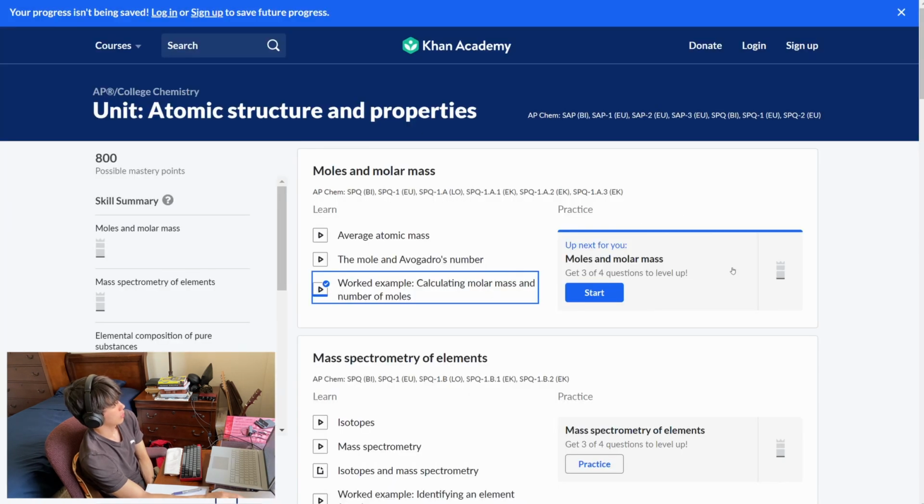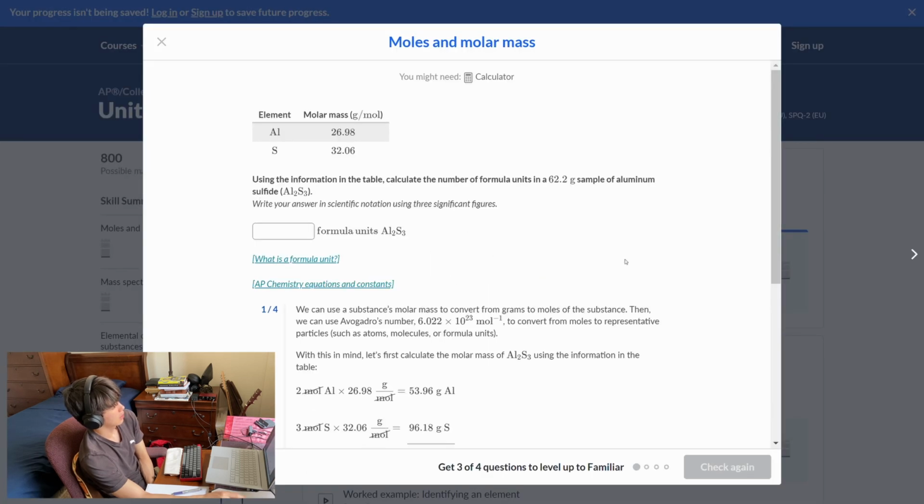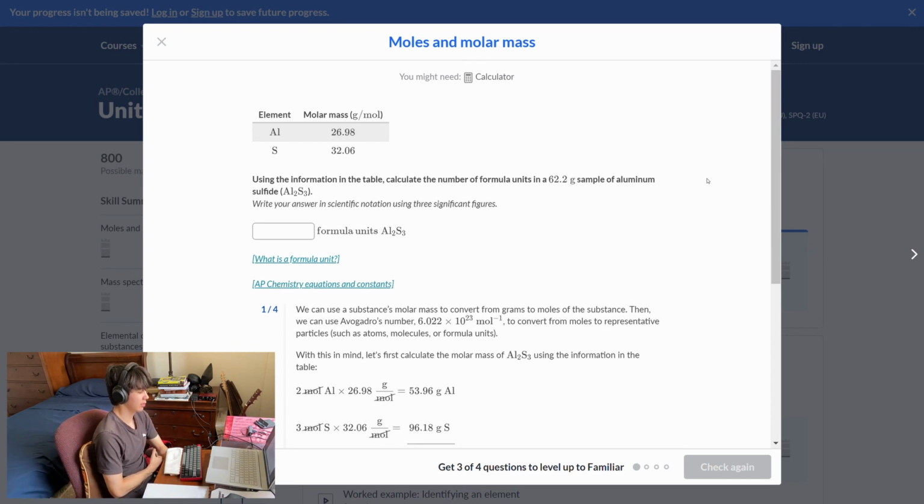I'm pretty sure formula units is moles. So if we have 26.98 grams per mole, let's find out how many moles that is. We got 26.98 grams per mole times how many aluminiums do we have? 2.